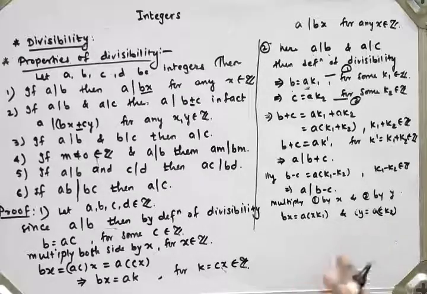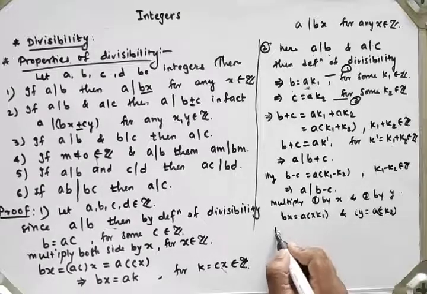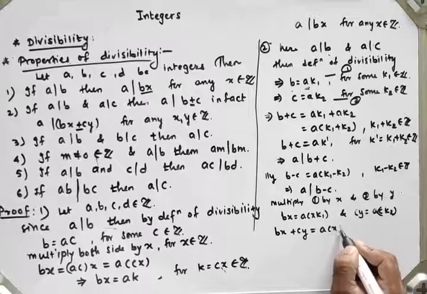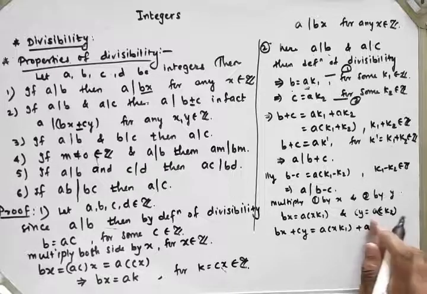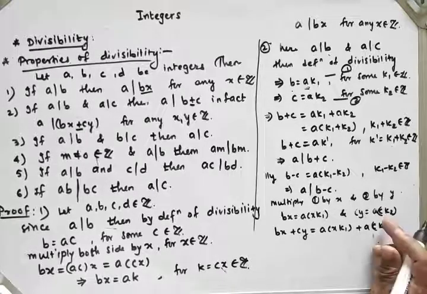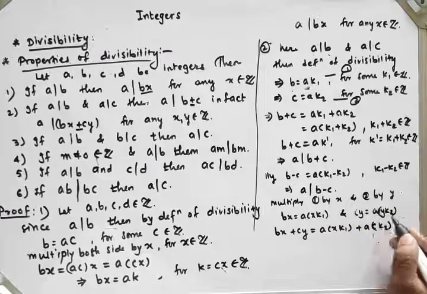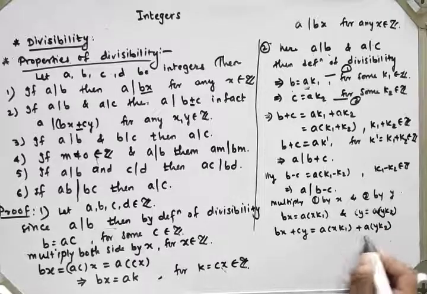So their addition will be, what will be the addition? bx plus cy is equal to a x k1 plus a y k2. So I will take a as the common.